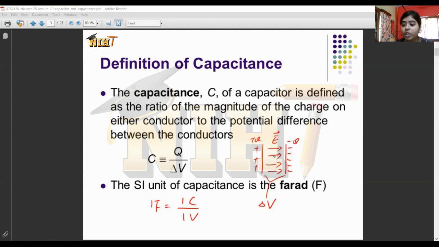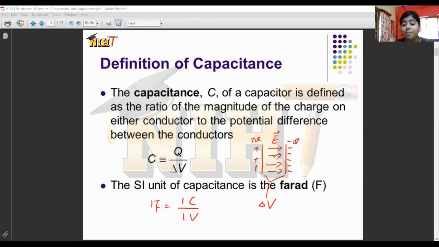So if you take two metal plates having opposite charges on their surfaces, keep them a distance apart, and fill the space between them with a non-conducting material, this whole arrangement is called a capacitor. We take two metal plates because, as I told you, to increase the capacitance of a conductor you have to place another conductor.